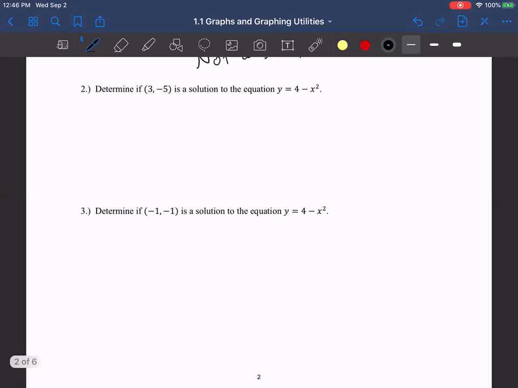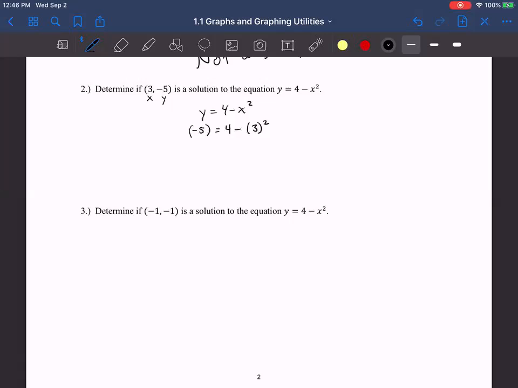So let's take a look at the next one. I'll do this one for you, and then I'm going to have you do the one after that. Let's determine if (3, -5) is a solution to the equation y equals 4 minus x squared. So we have the same equation, but this time the x value is 3 and the y value is -5. I'll do this a little more quickly. I'm going to take y equals 4 minus x squared, plug in -5 for y and 3 where x is.